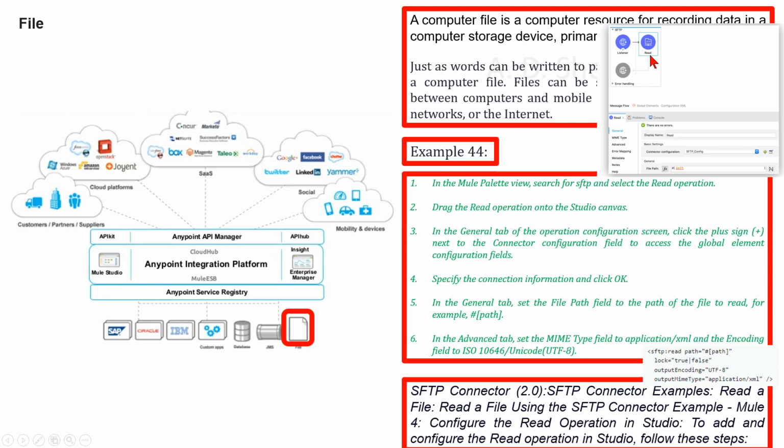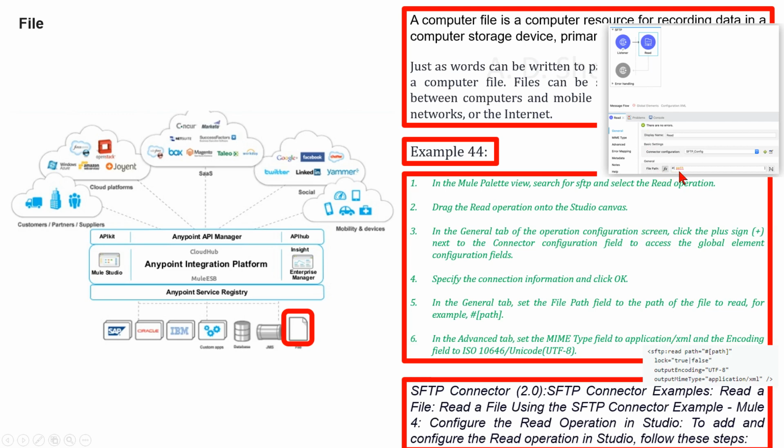In the General tab of the operation configuration, click the plus sign next to the Connector configuration field to access the Global Element Configuration field. Specify the connection information and click OK. In the General tab, set the File path field to the path of the file to read, for example a hash path.